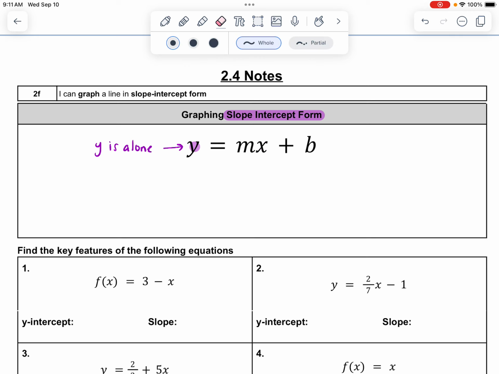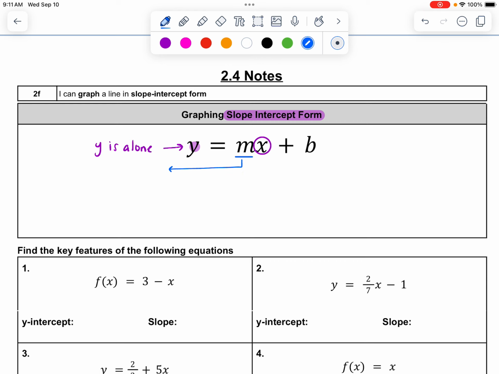In this equation, the x is also literally going to be an x. There's going to be a letter x, but there are also going to be two numbers in the equation. So what we're going to talk about now is what those numbers mean and how they help us make a graph. Let's start by talking about what the m means.